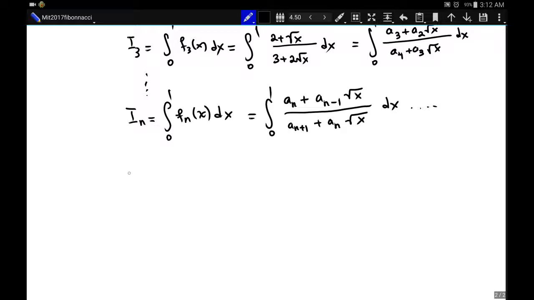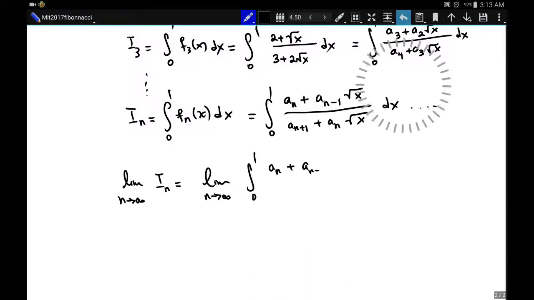So what is the limit of this? The limit of In is the limit of this sequence, and then you integrate, sorry. So we should put the limit inside.